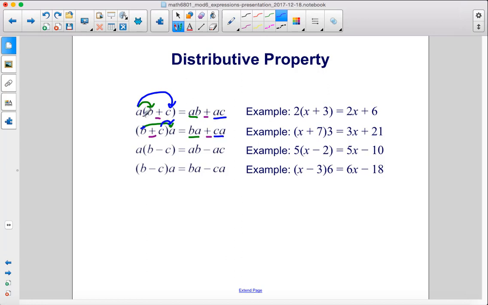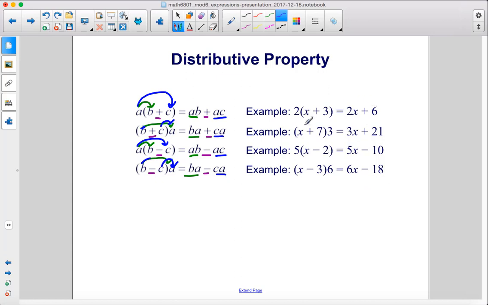So this is just kind of backwards. And then for this next one, we have a times b, then we have a minus sign there, and then we have a times c there, and finally we have b times a, then we have a minus sign, and then finally we have c times a there.